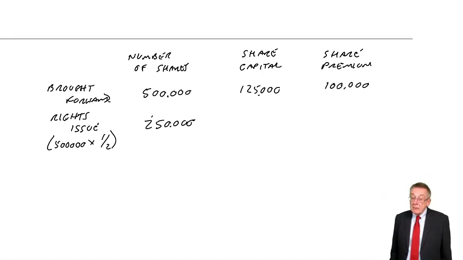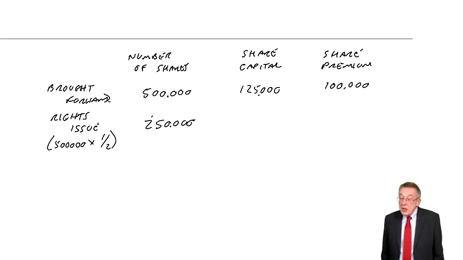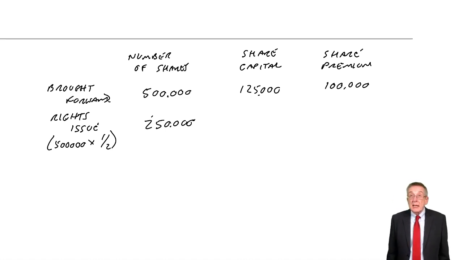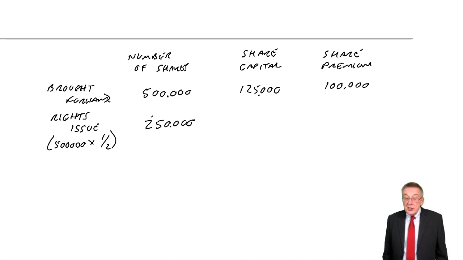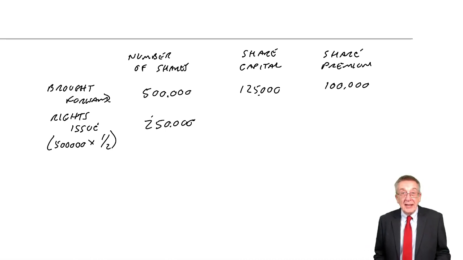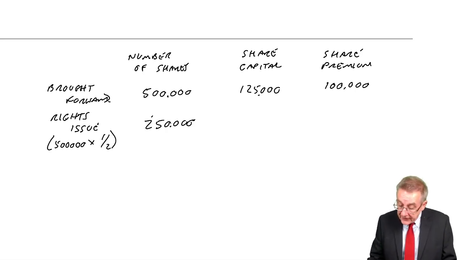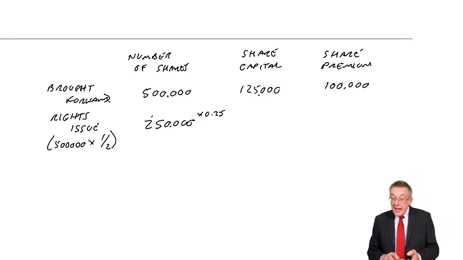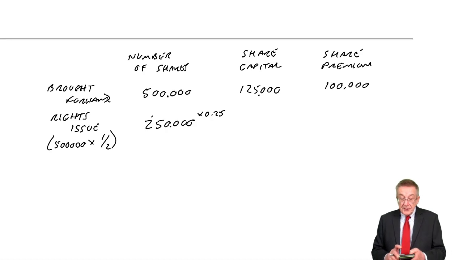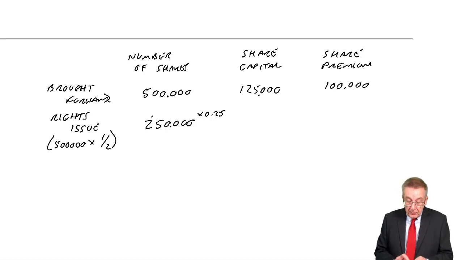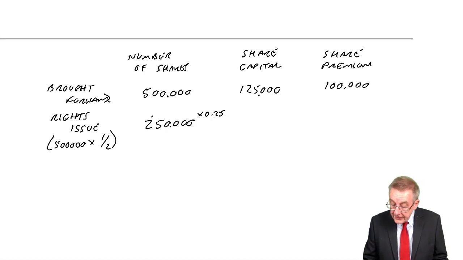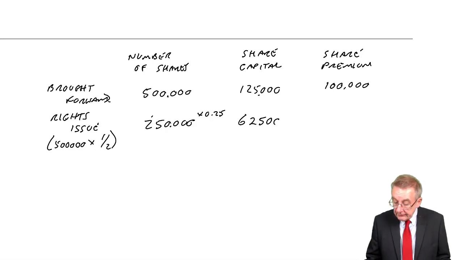And as you saw in the last lecture, the nominal value of those shares goes to share capital. And as I did say a few minutes ago, the new shares are always the same nominal value as the existing ones. So here they're 25-cent shares. And so to share capital, 250,000 at a nominal value of 0.25, 62,500.